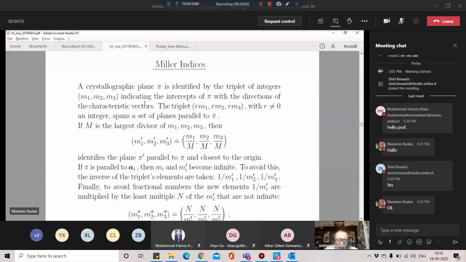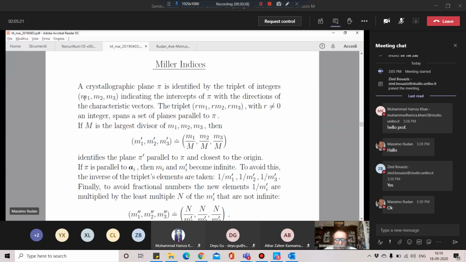So let's consider that this crystal plane is called pi, okay? And this plane is identified, as we said before, by a triplet of integers m1, m2, m3, okay? Assume for a moment that they are finite, okay?